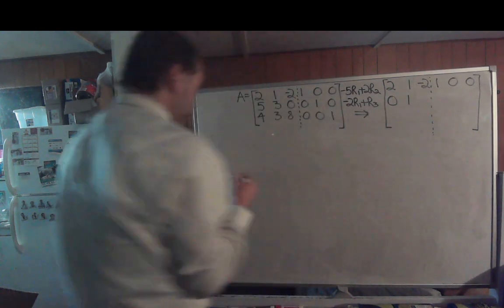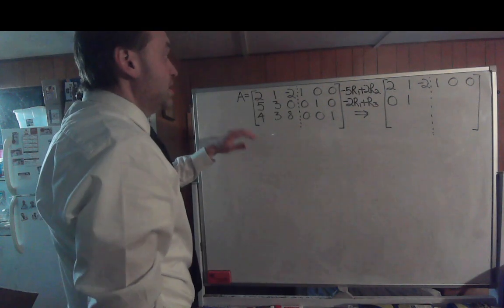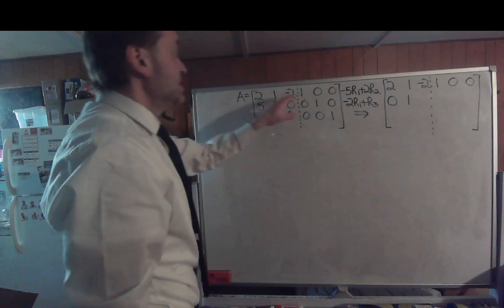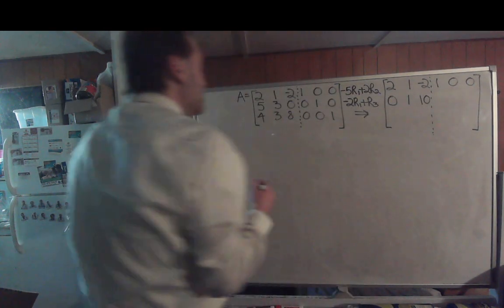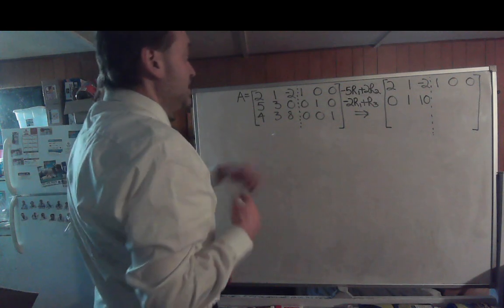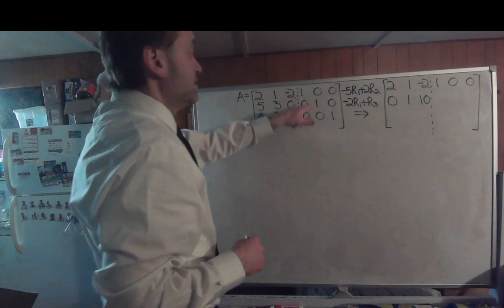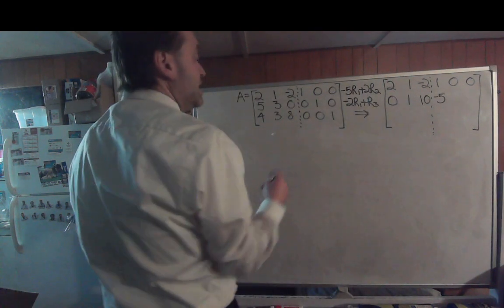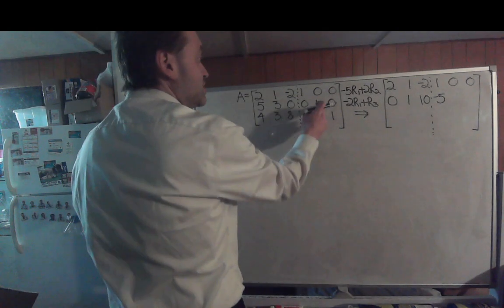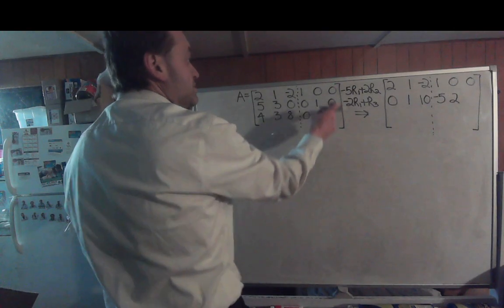Negative 5 plus 6 is positive 1. Negative 5 times negative 2 is positive 10, plus 2 times 0, you just get positive 10. Negative 5 times 1 is negative 5, then you have a 0, so here's a negative 5. Negative 5 times 0 is 0, plus 2 times 1, that's just 2. Negative 5 times 0 is 0, plus a 0 is just a 0.